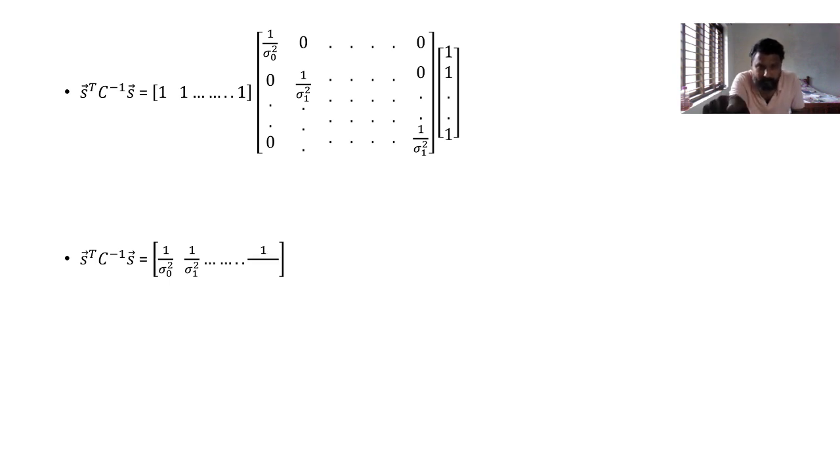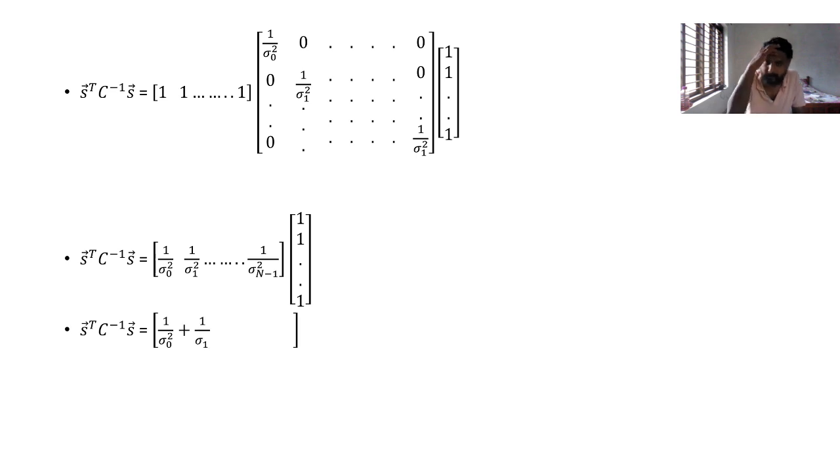Here also I have made that mistake: the last term is not sigma 1 square, it is sigma square of n minus 1. Okay, just change that also here, that is sigma square n minus 1. So S transpose C inverse S is 1 by sigma naught square plus 1 by sigma 1 square, etc., plus 1 by sigma square of n minus 1.